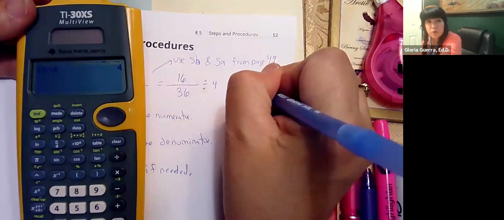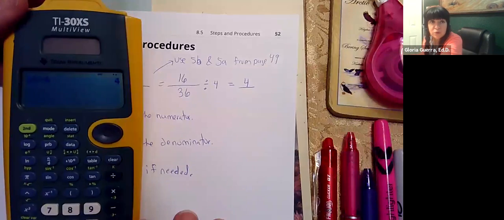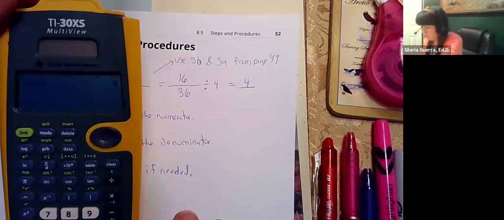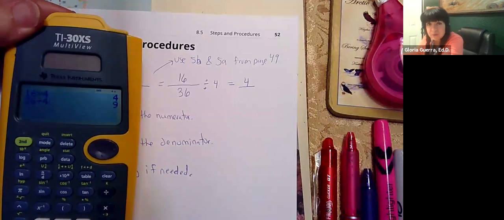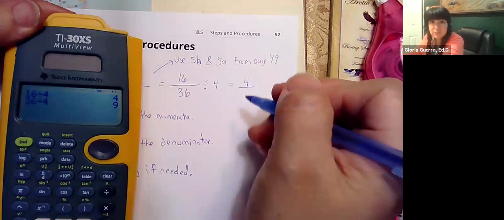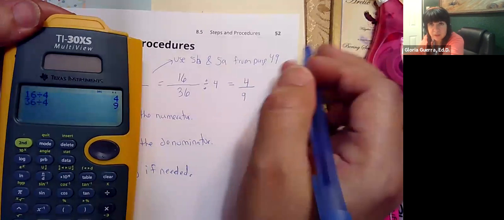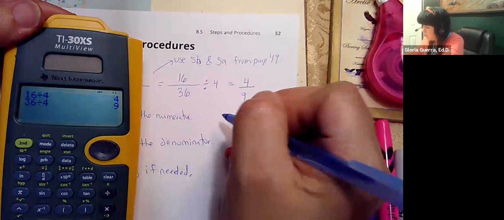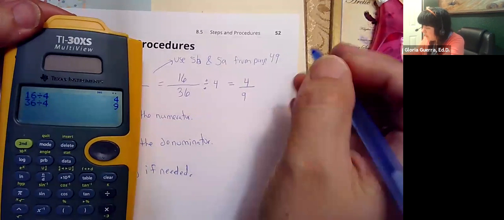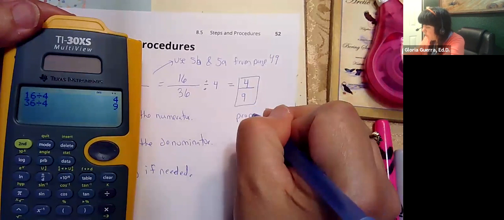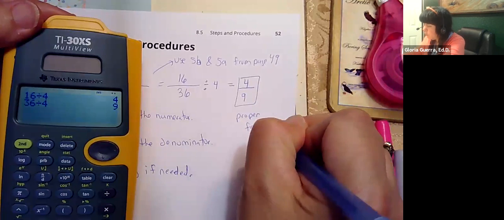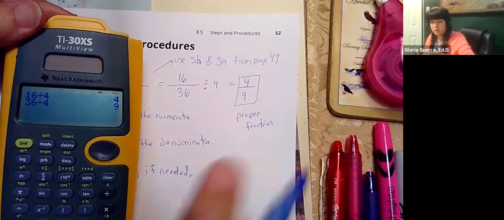As long as you're not getting any decimals, you just try it. You may not be sure, but that's why you double check. 36 divided by 4 is 9. As long as you're not getting any decimals, then we're fine. If you get a decimal, then you stop and go back down to 2. But we're not getting decimals, and that does look like lowest terms, and that's a proper fraction. And you don't make proper fractions into mixed numbers.